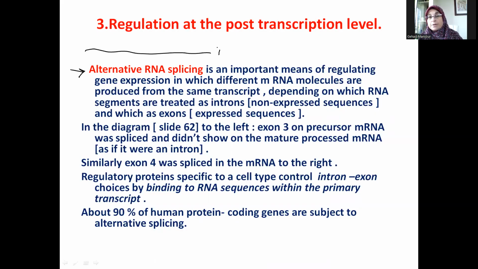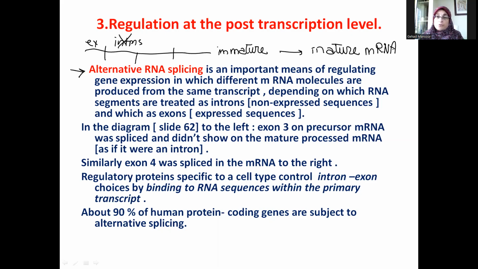You know that immature RNA has exons and introns, and the introns have to be removed in order to make the messenger RNA more efficient, translatable, and shorter. We expect, when we remove all the introns, to get the same kind of mature messenger RNA. But in alternative splicing, we get different types of mature messenger RNA that are closely related.